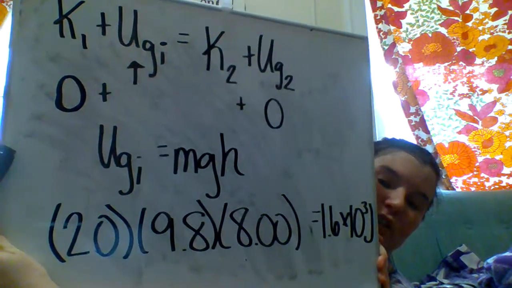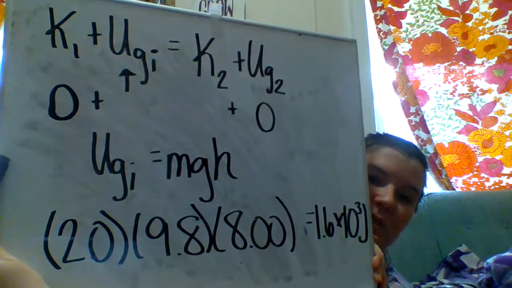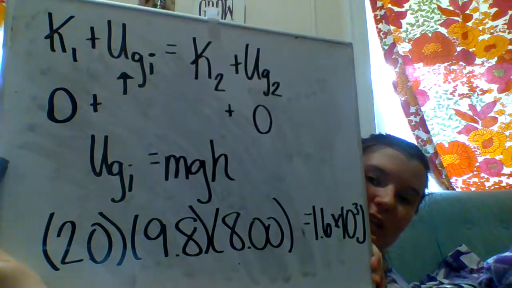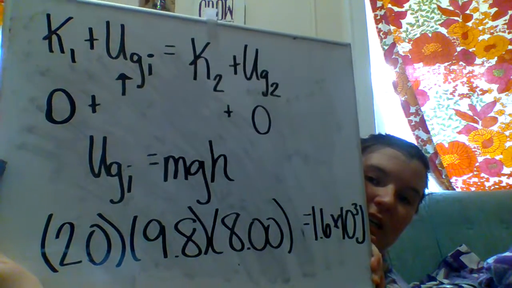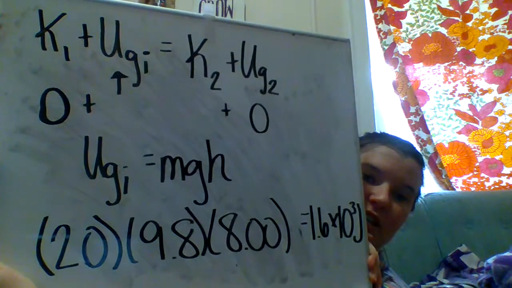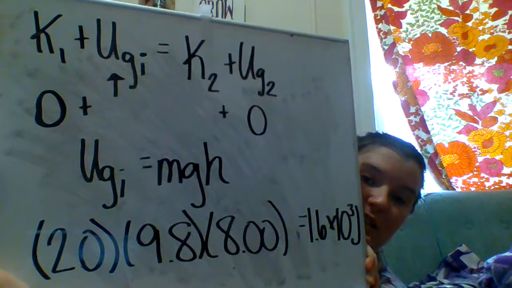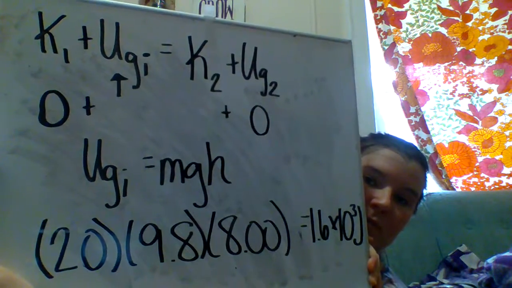Since we found the UG1, that gives us our kinetic energy when it reaches the ground, so our K2. So our kinetic energy of the ice when it reaches the ground must be 1.6 times 10 to the 3rd joules as well. Okay, good.